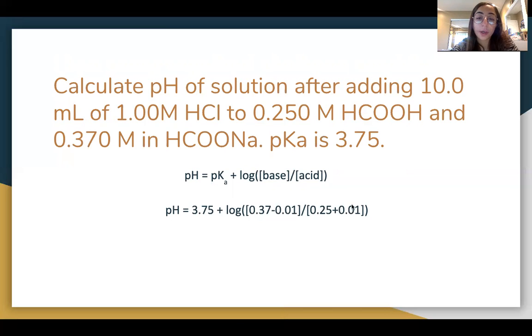Just to clarify, we did convert it to moles technically, because it's 0.01 liters, and when you divide by 1, it's 0.01 still. If you plug this into the calculator, you should get a pH of 3.98. And that's how you would do this problem.